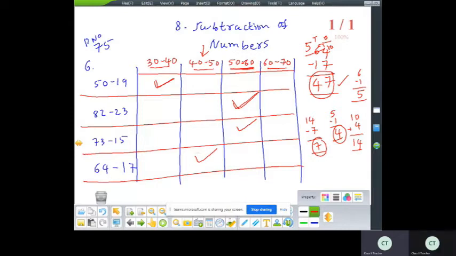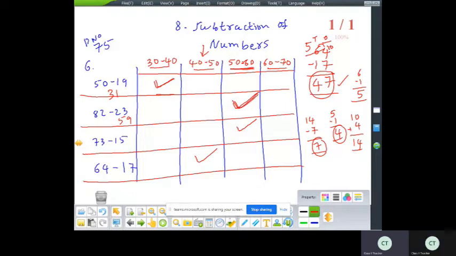Now first we saw the subtraction of 50 and 19. 50 minus 19 is equal to 31. Yes, our answer is here. Next, 82 minus 23 is 59. Our answer is here.